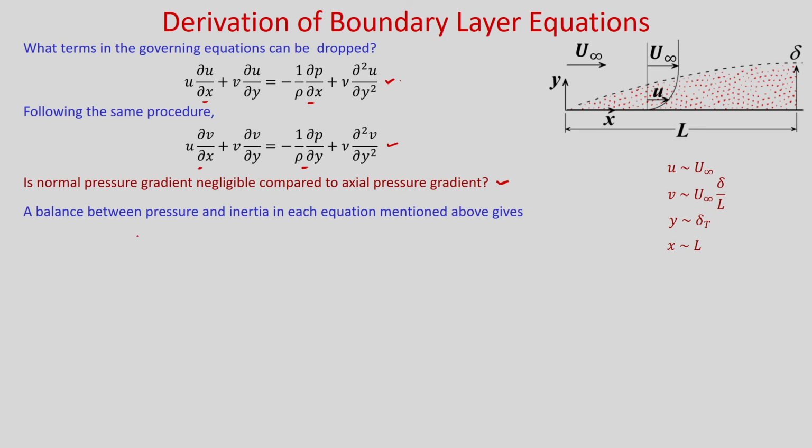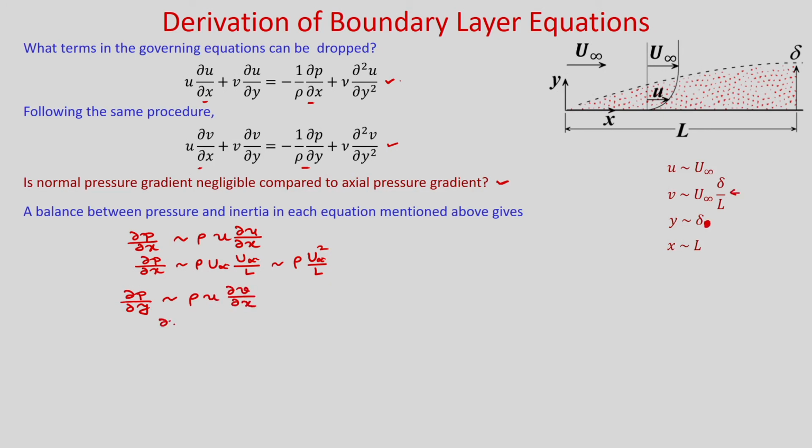So, you can see that del p by del x will be order of rho u del u by del x. So, del p by del x will be rho u infinity, this is u infinity divided by x length, which is L. Okay. So, this is rho u infinity squared by L. Now, if you see the pressure gradient term in the y component of the momentum equation, you can write del p by del y will be order of rho u del v by del x.